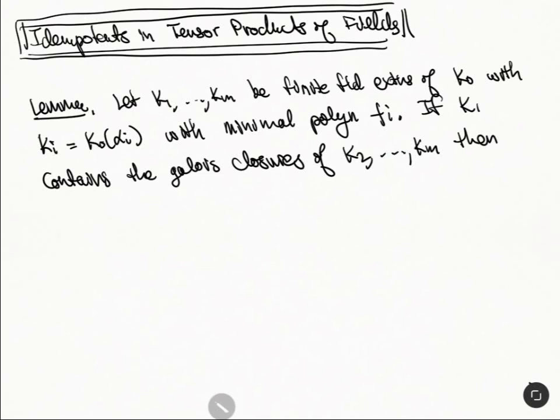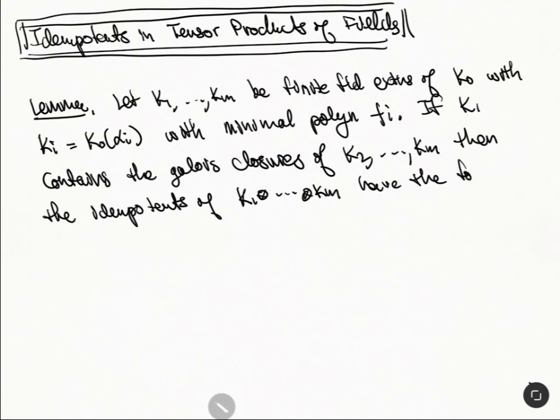Then the idempotents of K1 tensor through Km have the form g, indexed by j2 through jm.